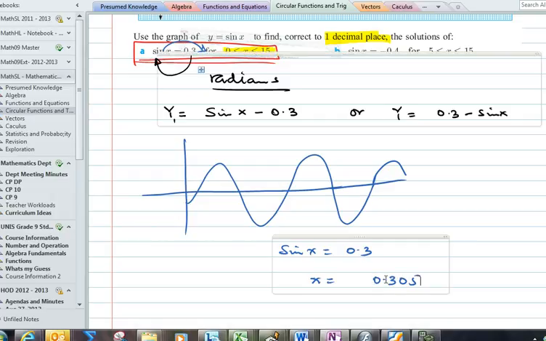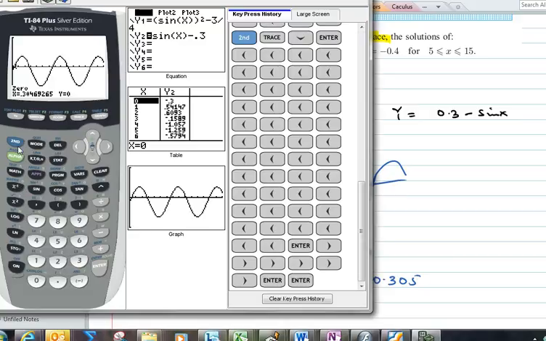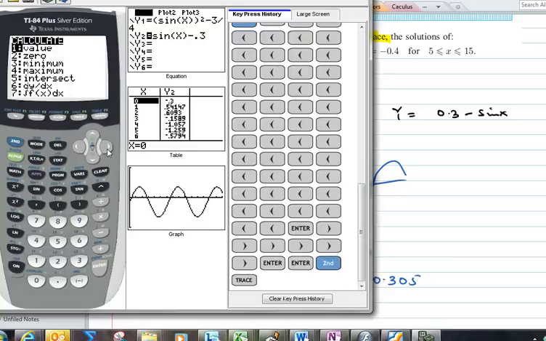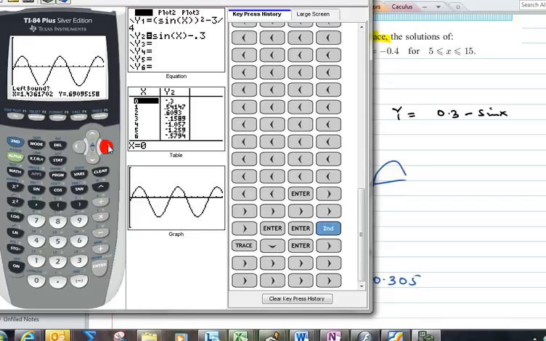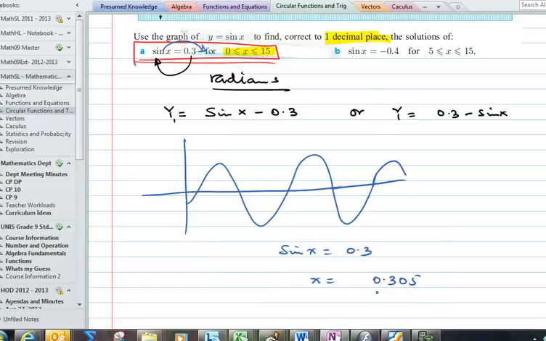The second solution, same process, second function of trace. I want a zero, I want left bound here, I want right bound here, and the solution is 2.84. These are radians, by the way. You need to include units.